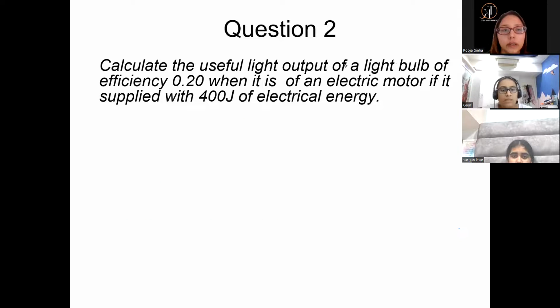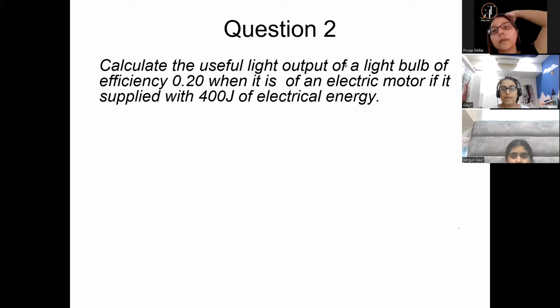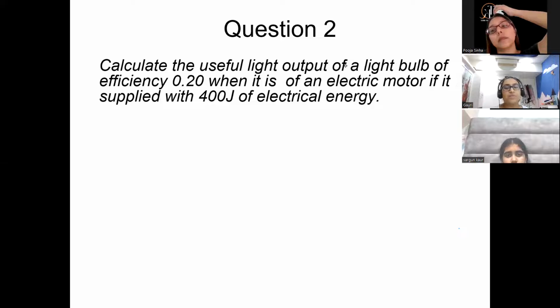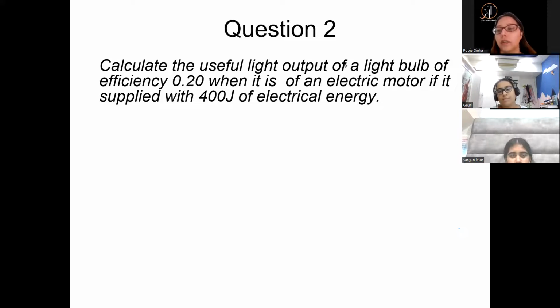Now, Gauri, read the question. Again, answer in the chat box. Calculate the useful light output of a light bulb of efficiency 0.2 if it's supplied with 400 joules of electrical energy. Here, efficiency is given to you. You have to give the answer.